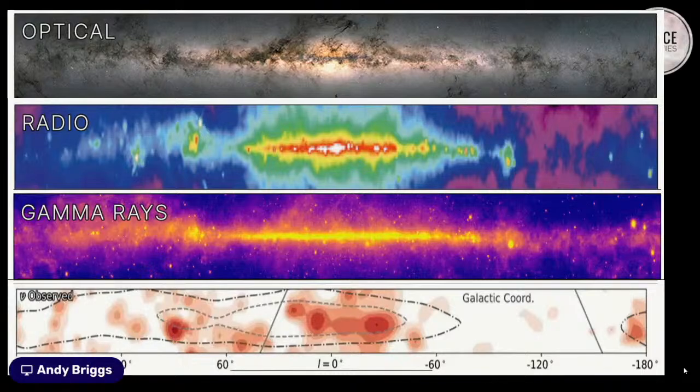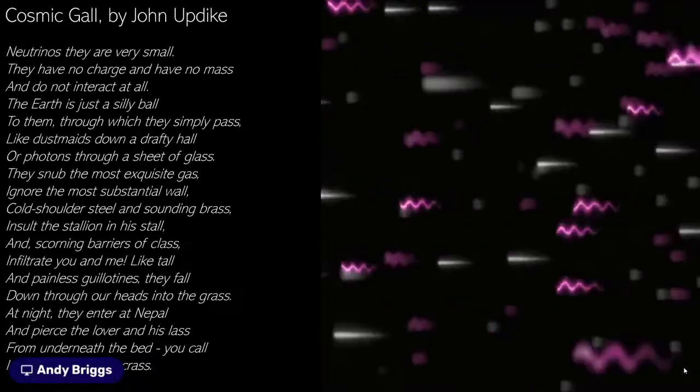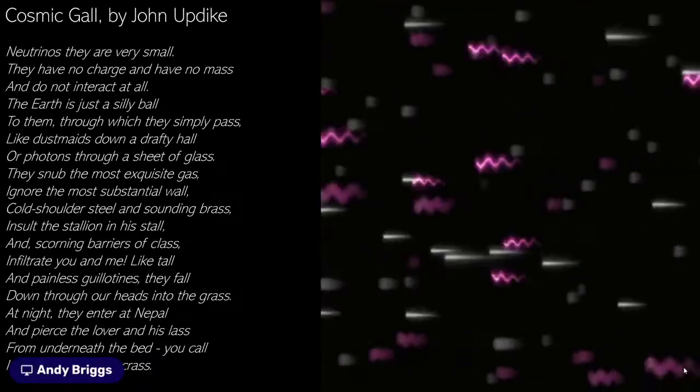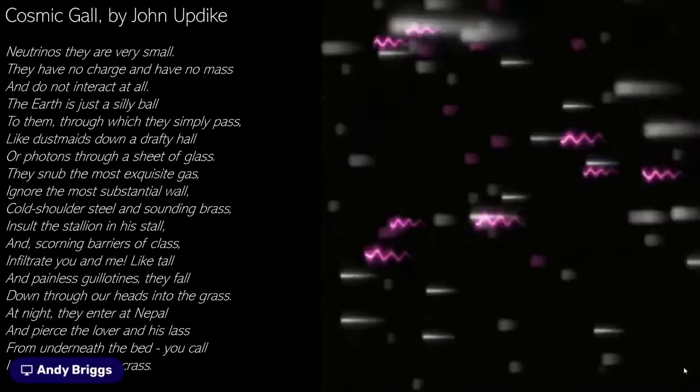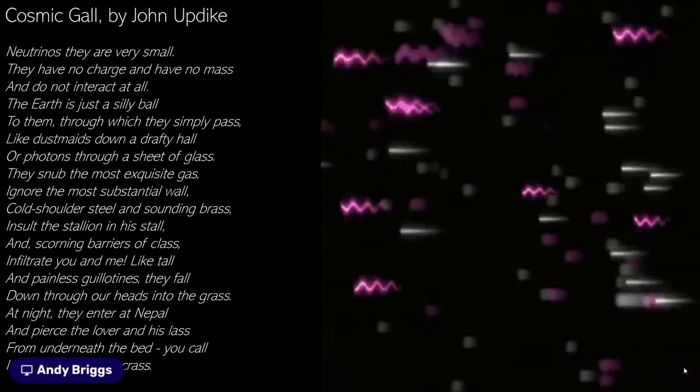Congratulations to both the Pulsar timing array and the IceCube team for two incredible announcements last week. And just to finish, I'd like to read a poem by, of all people, John Updike, who chose to write about neutrinos, and it's called Cosmic Gall.